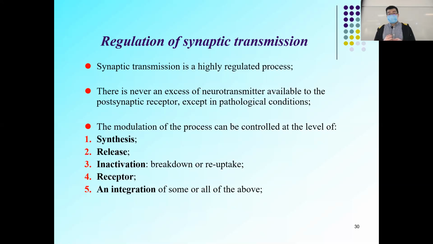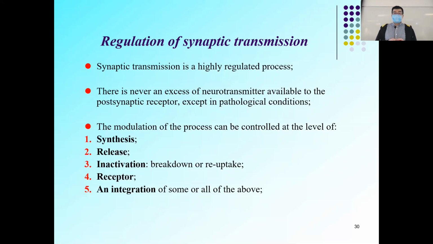But what do we mean by pathological conditions? For example, last time we talked about epilepsy. In some cases the neurons may be overactivated and secrete a lot of neurotransmitter.